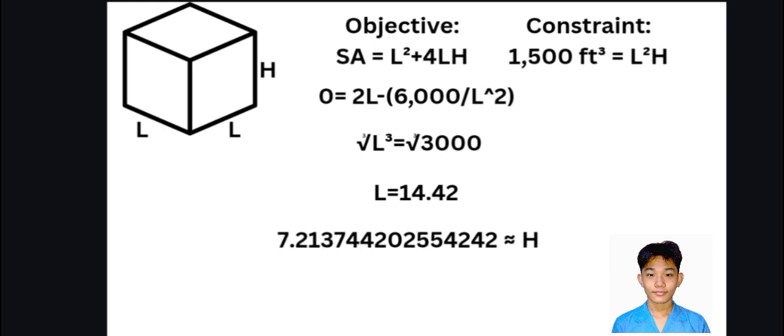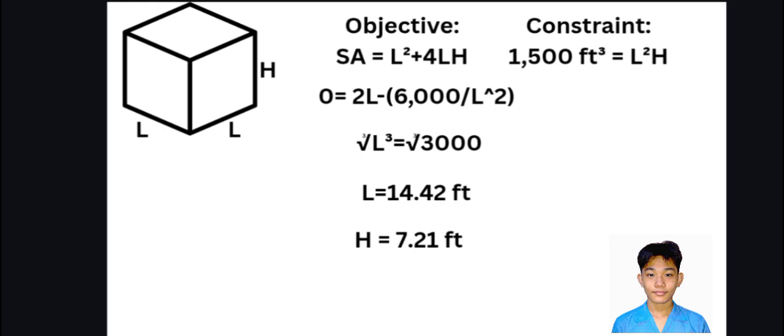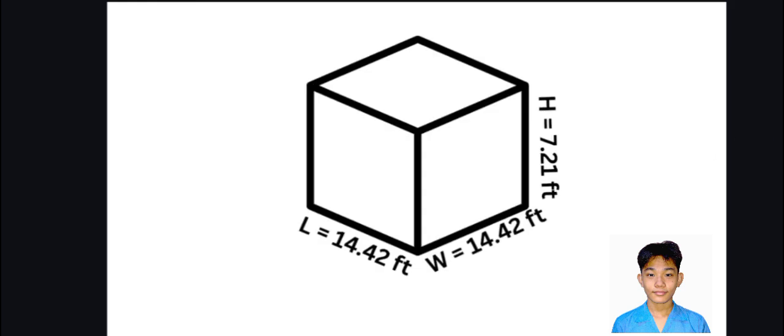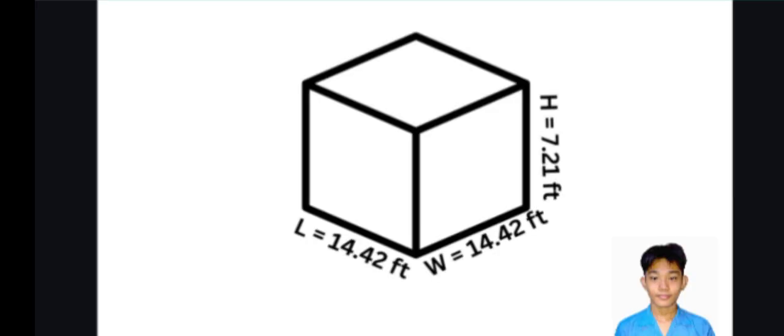We have H is approximately 7.21, and now that we have all of their values, all of their dimensions, we can create the container itself. Now we have the dimensions, 14.42 by 14.42 by 7.21. Width is also 14.42 because remember that L is also equal to width.